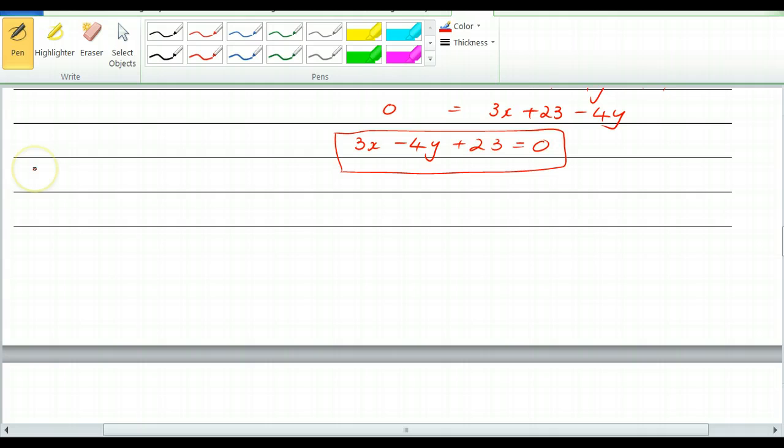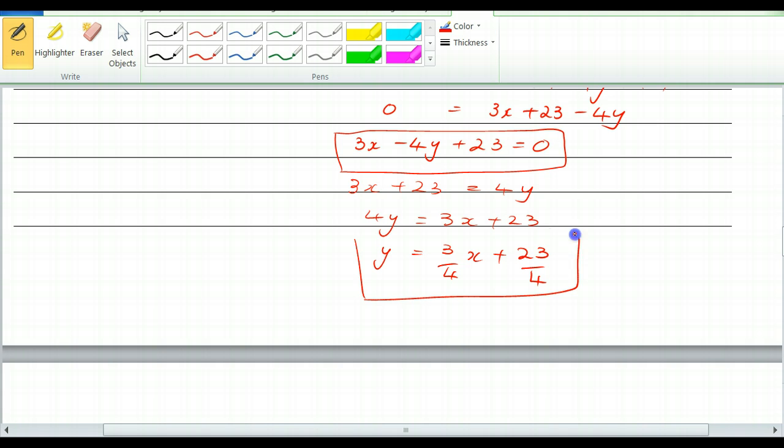And rearranging this so that we have it in the form y equals mx plus c, we have 3x plus 23 equals 4y, or 4y equals 3x plus 23. Dividing both sides by 4, we get y equals 3/4 x plus 23/4.